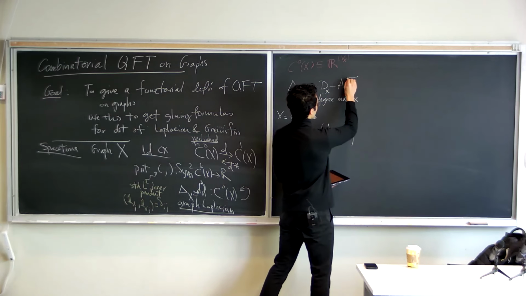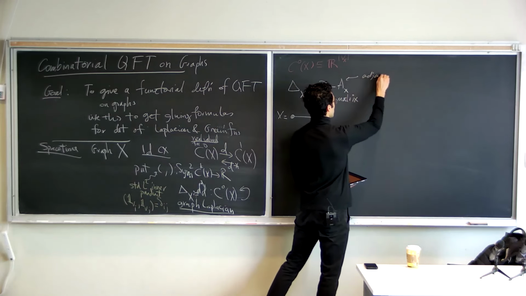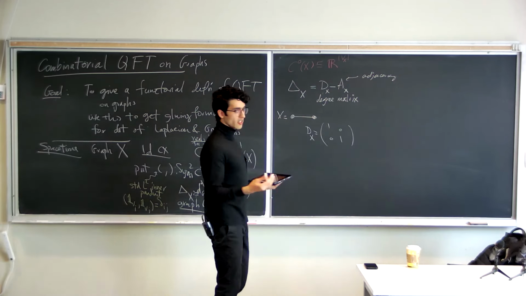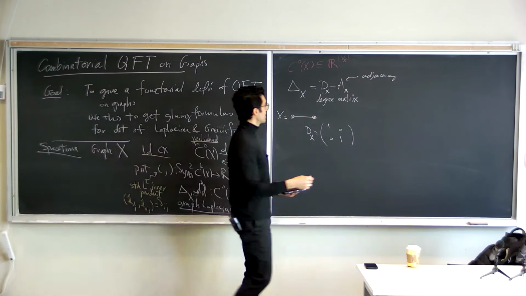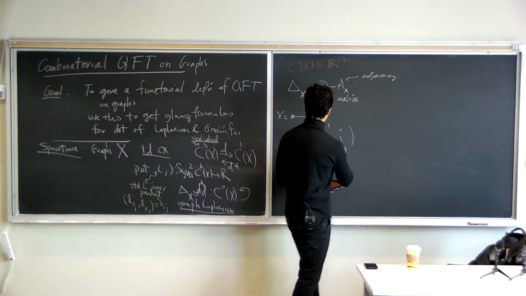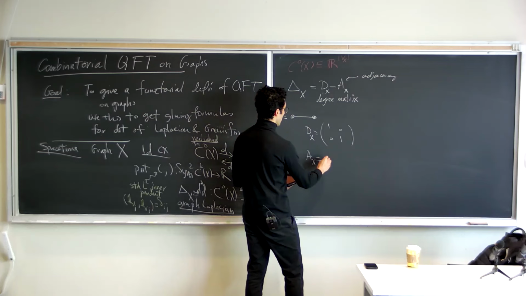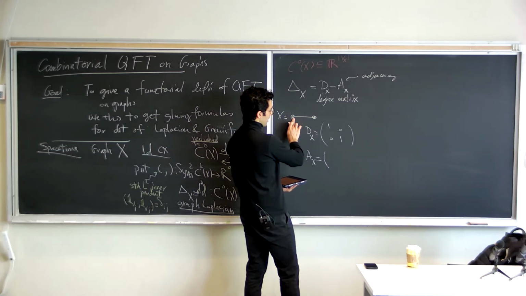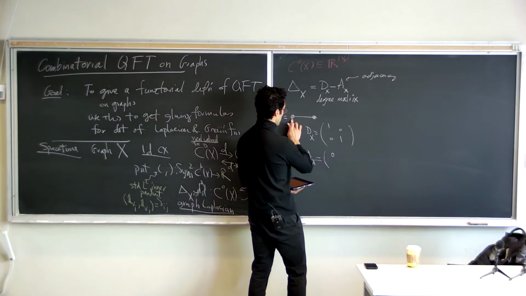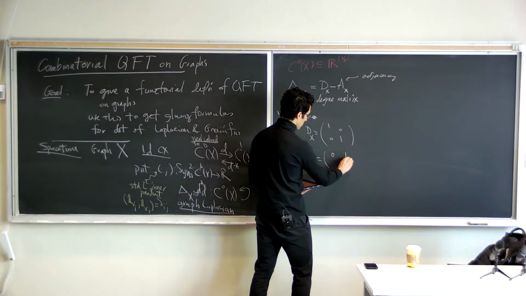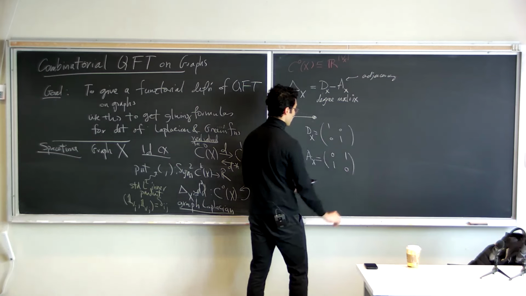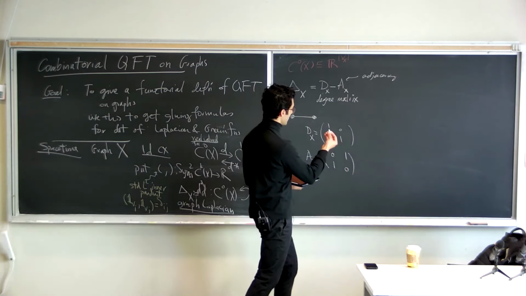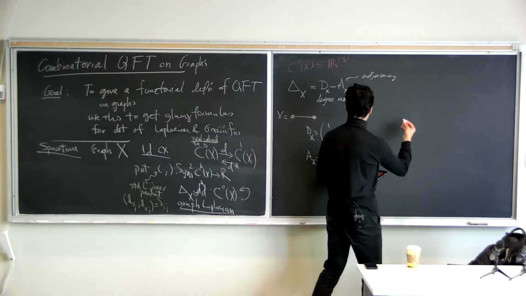Okay, and A is the adjacency matrix, and that encodes which vertices are connected to which. So here, vertex 1 is not connected to itself, so it's 0. It's connected to vertex 2, so it's 1. Similarly, this way. And by doing this, you see that the graph Laplacian is actually a symmetric matrix.